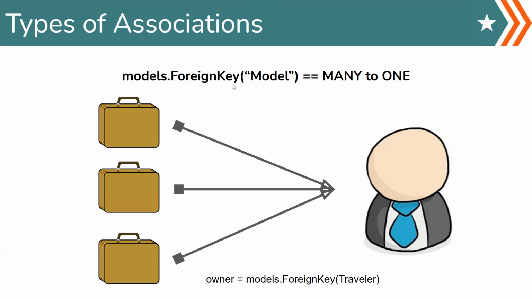We call the ForeignKey type, and the argument it takes, just like the one-to-one field, is the model it's sharing that relationship with. So one person can have multiple luggages at this airport, but all these luggages only belong to one person, not anybody else. Do I have any questions about one-to-one or many-to-one?